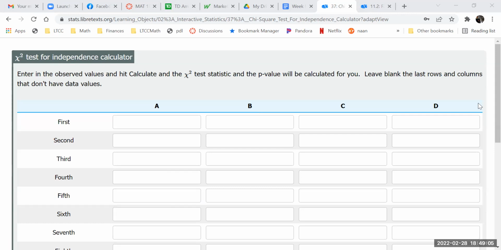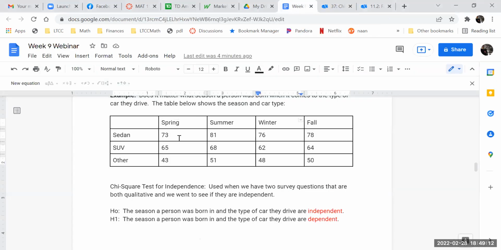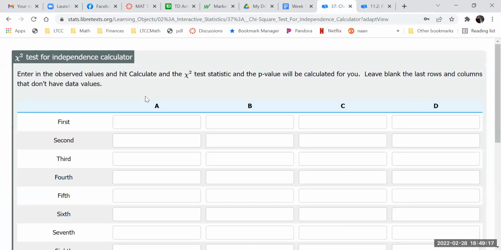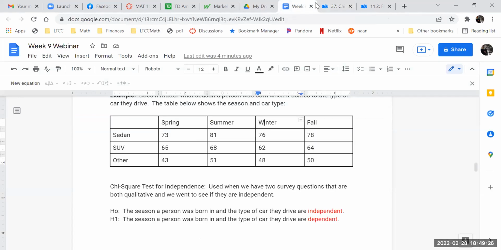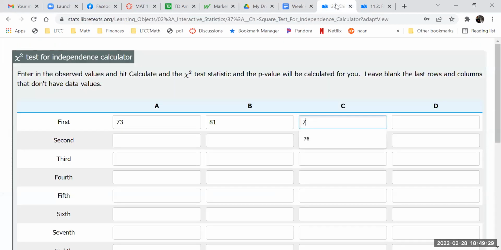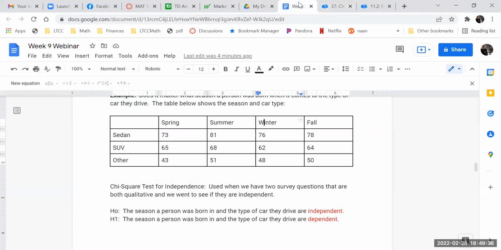So now what we have to do, which is kind of a pain, is fill in the table. Copy and paste doesn't work so well with this table, but we can still do it. 73, 81, 76, 73, 81. So 73, 81. And then next is 76, 78. And then the second row, 65, 68, 62.